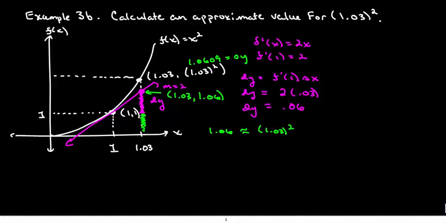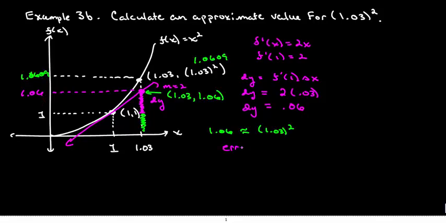Hang on, let me erase this. 1.0609 is this height. The height of the purple point is 1.06. So the error amount is 0.0009.